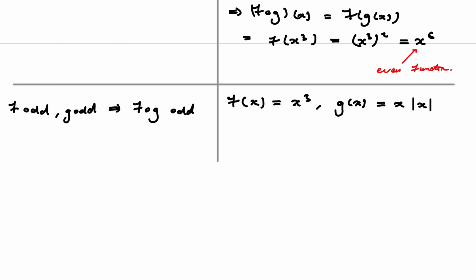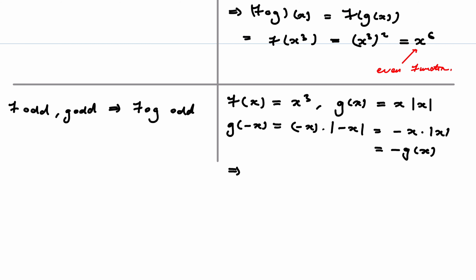What's going on? Now, I suppose if we're going to be fancy about it, we do know that x is odd and the absolute value of x is even, and the product of an odd and an even is odd. But let's just check this quite carefully. So g of minus x would be equal to minus x multiplied by the absolute value of minus x. That's just minus x times the absolute value of x, which is equal to minus g of x. Okay, so this implies that g is odd.